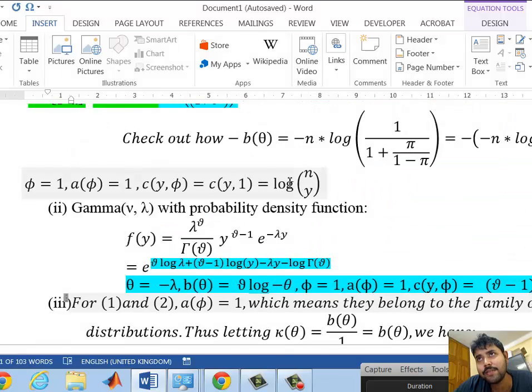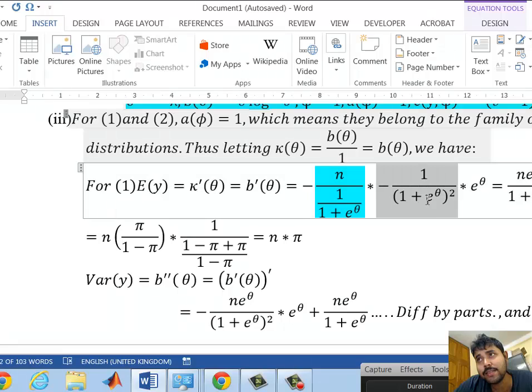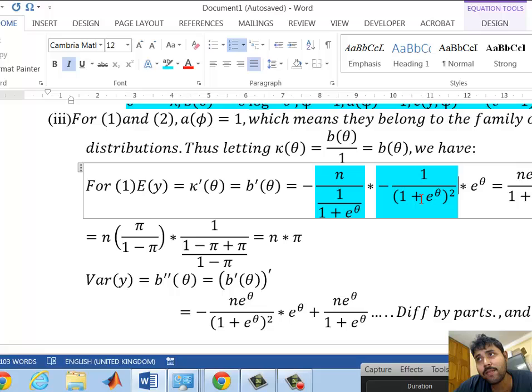When you are differentiating this part, which was the part inside the logarithm, you get into 1 minus... these are elementary rules of differentiation.